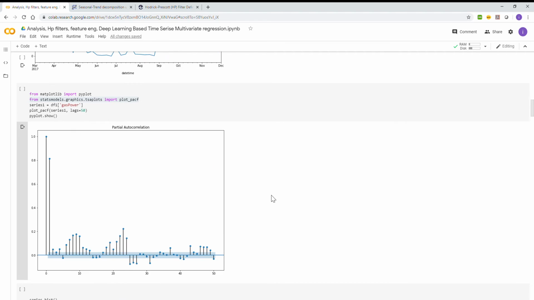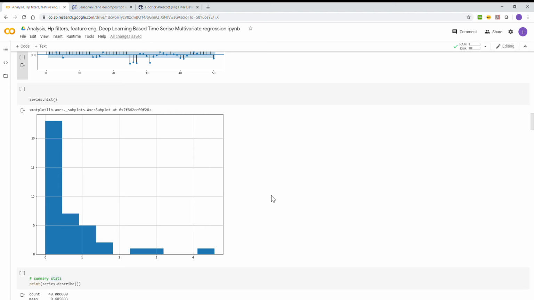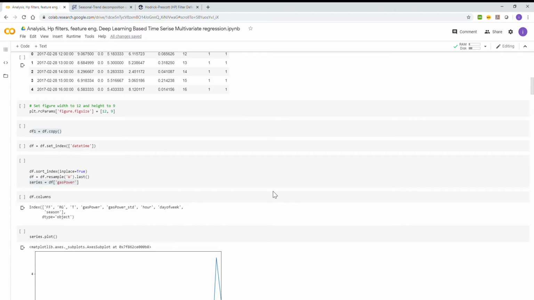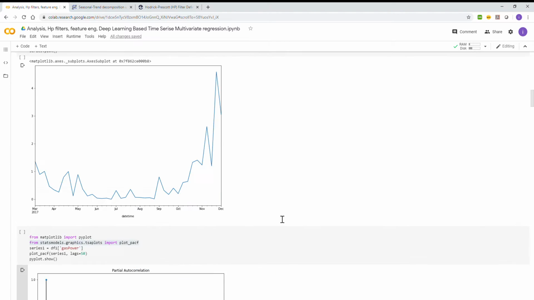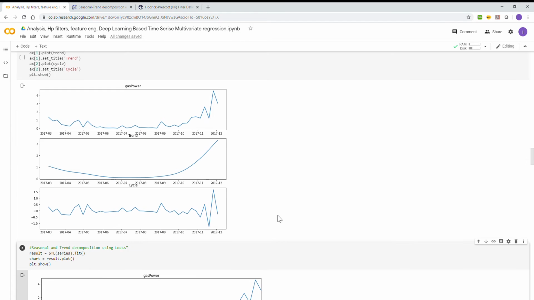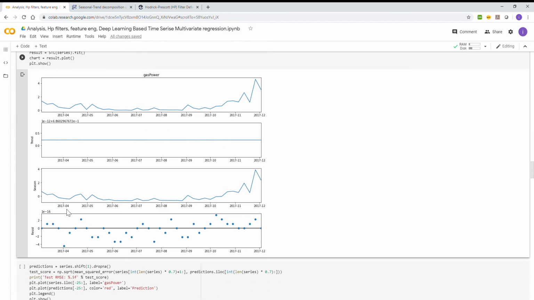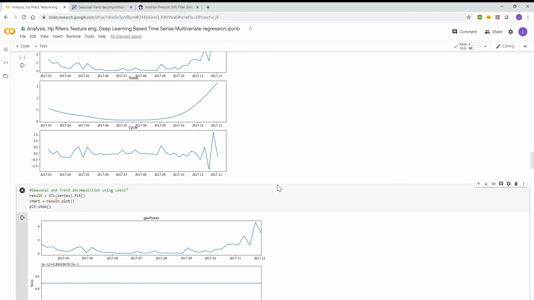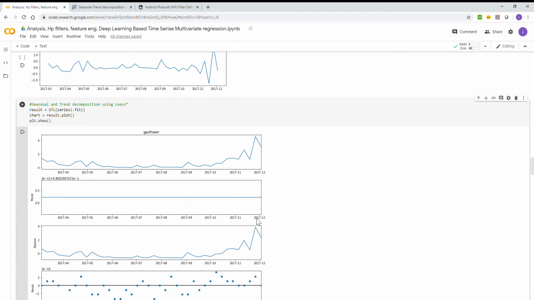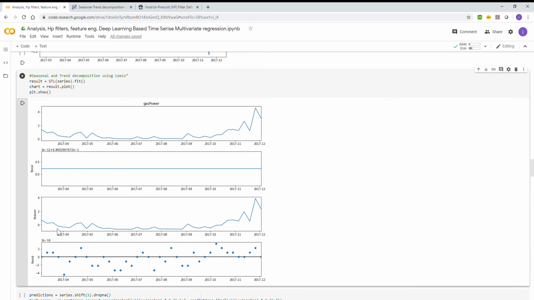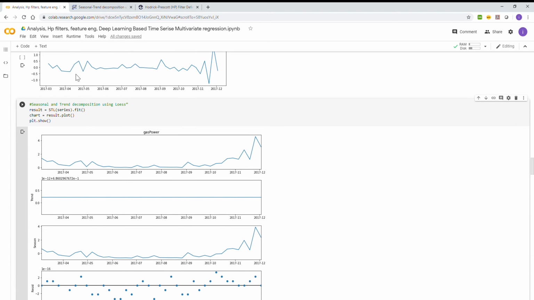A couple of other things that I wanted to talk about was the difference between cycle and season. Here is the graph. Although it appears to be the same, if you look, there is a difference.